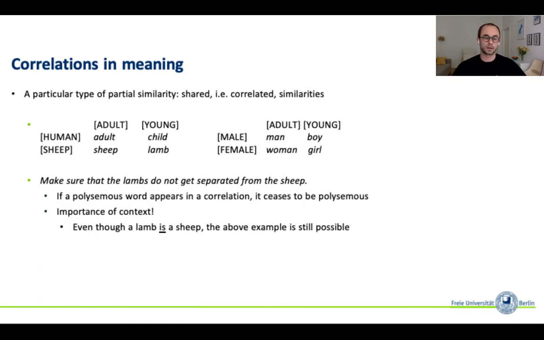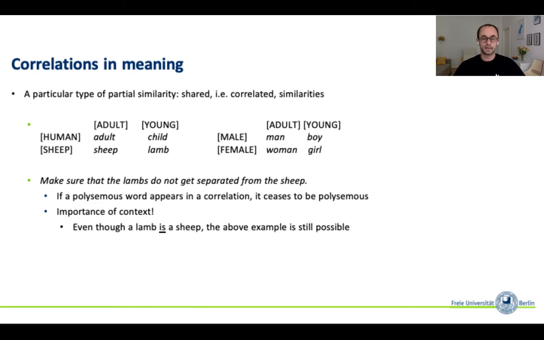And if we now take a look at a sentence such as, make sure that the lambs do not get separated from the sheep, it would first appear that lambs are sheep. They have the feature plus sheep, and so it should be polysemous or ambiguous.